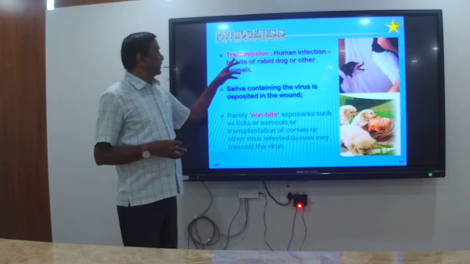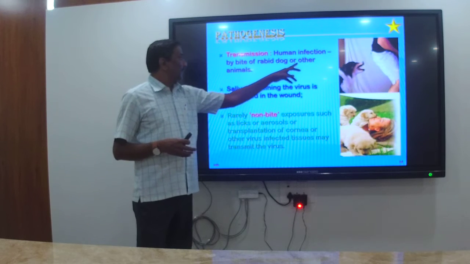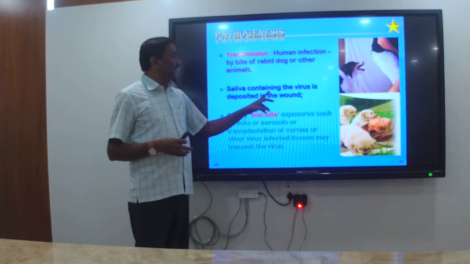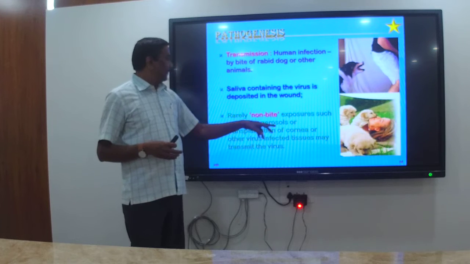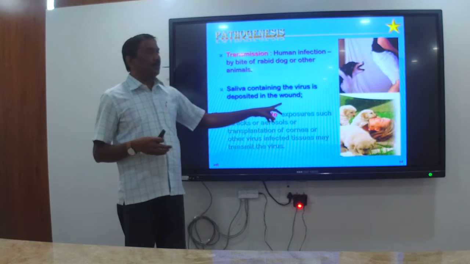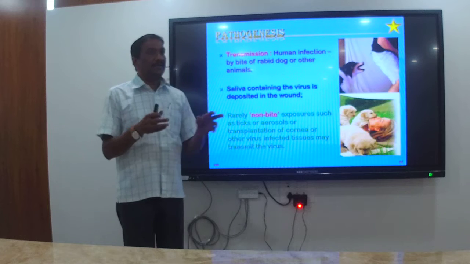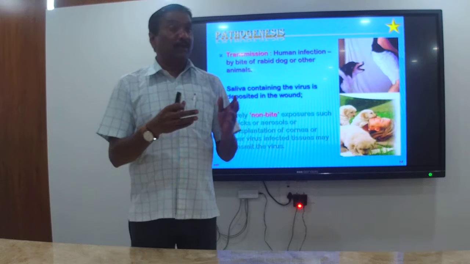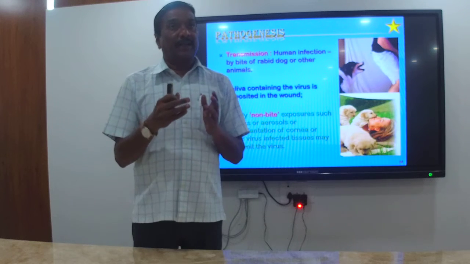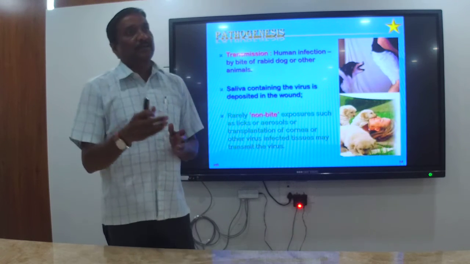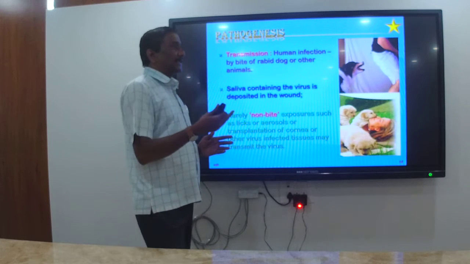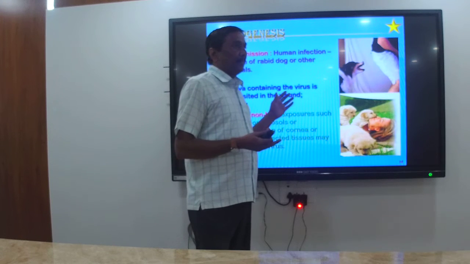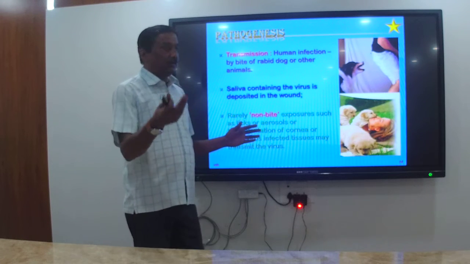Transmission. Human infection is by the bite of rabid dogs or other animals. The saliva containing the virus is deposited in the wound. And rarely, non-bite exposures can also transmit this infection, particularly from domestic animals which are infected with the virus but may not show any signs of rabidness. Such transmission is by licks of such domestic dogs, which may transmit the infection from the dog to the human host.